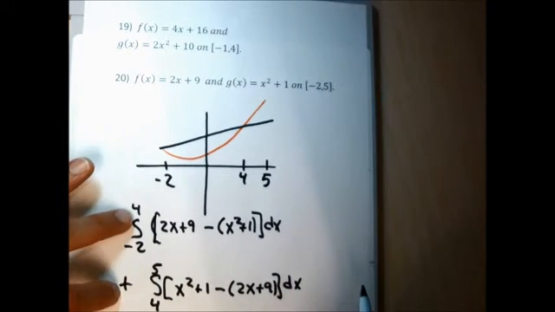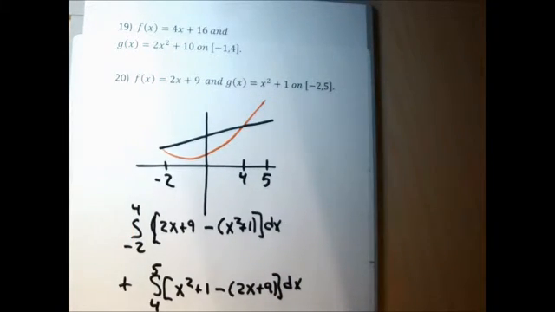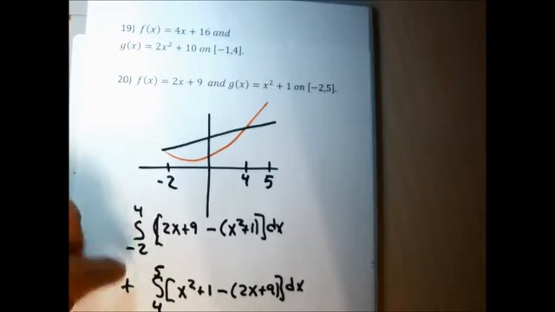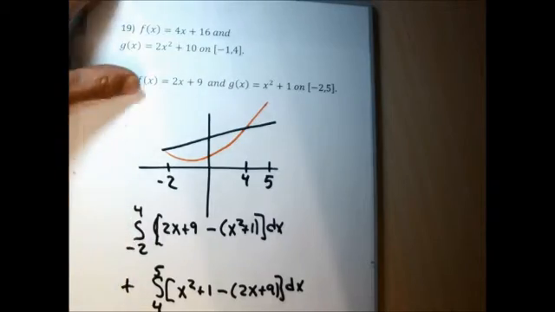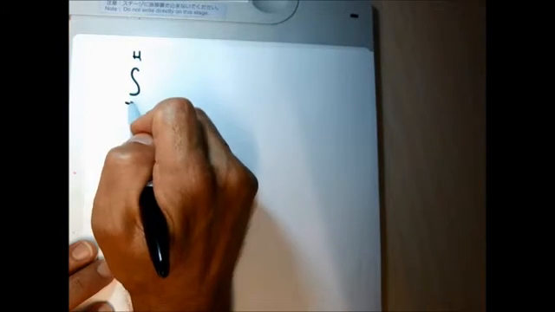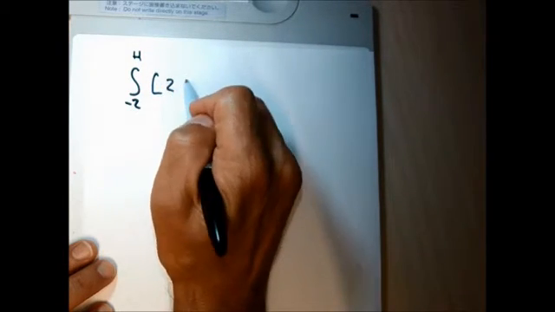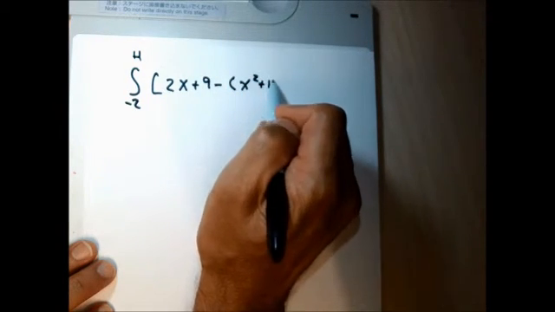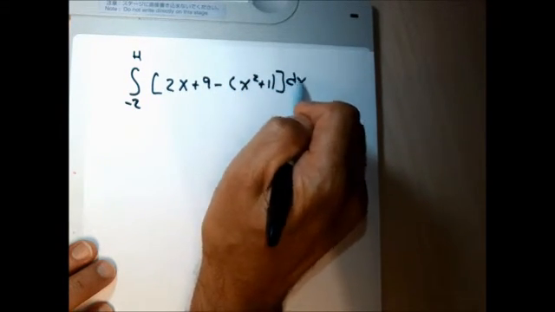I'm going to do these on a separate sheet of paper, because it's taking so much room already. So I'm going to do this separately from this. I'm going to get two numbers and add them together. So the first computation that I'm worried about is the integral from -2 to 4 of 2x plus 9 minus x squared plus 1 dx. Let me clean that up.